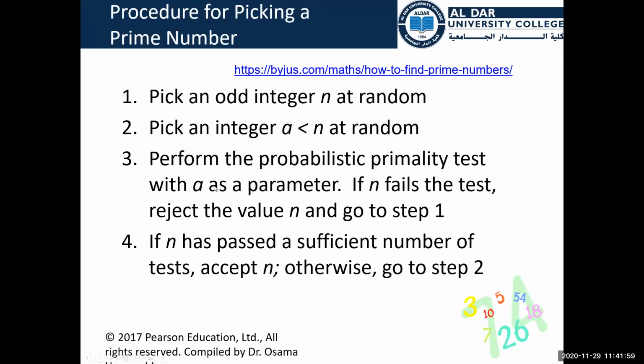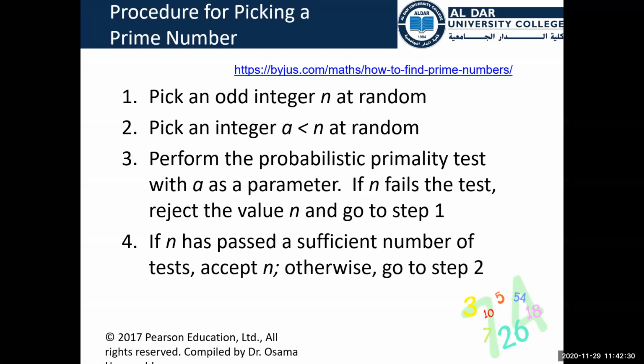Then using a and n, you can make a primality test, using an algorithm like Miller-Rabin, which is an algorithm to test the primality of a number. You use both these values to test if n is prime or not.